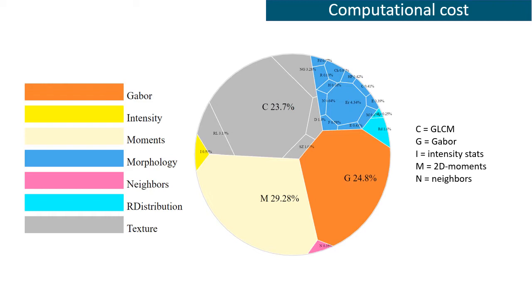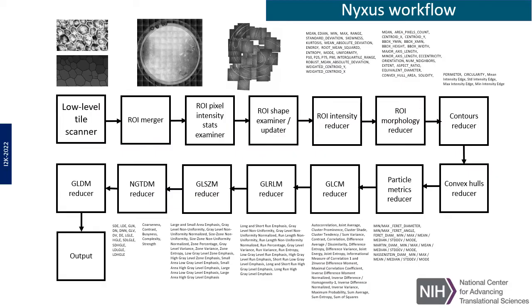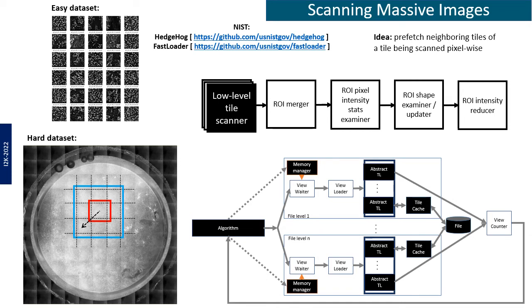Let's see what's under the hood of Nyxus. The workflow consists of scanning, accumulation, stitching, and feature estimation blocks. Each block implements a certain feature group with the intermediate results reused as much as possible. We use state-of-the-art open source TIFF file navigation software developed at the National Institute of Standards.